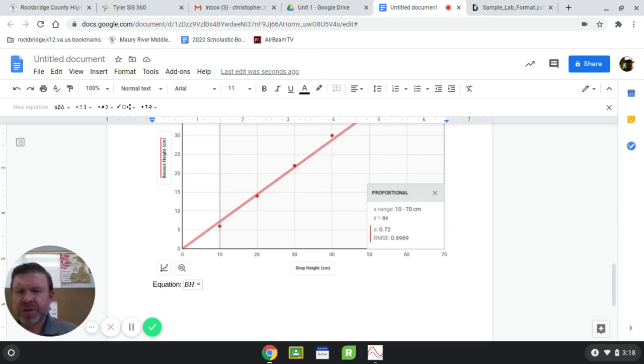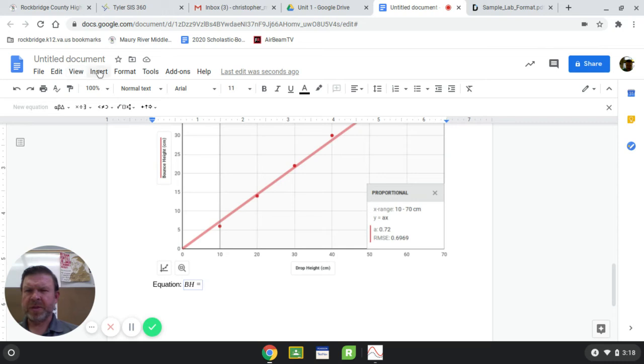It says 0.72 is the slope of this. But that number in physics, everything has units, right? It's not just a number. It's something about measurement. So 0.72 what? Well, the slope is rise over run. So the rise is bounce height measured in centimeters.